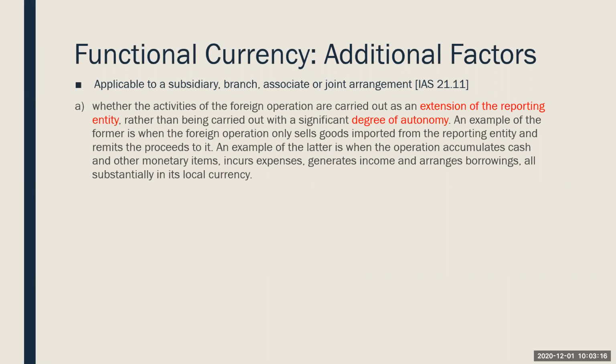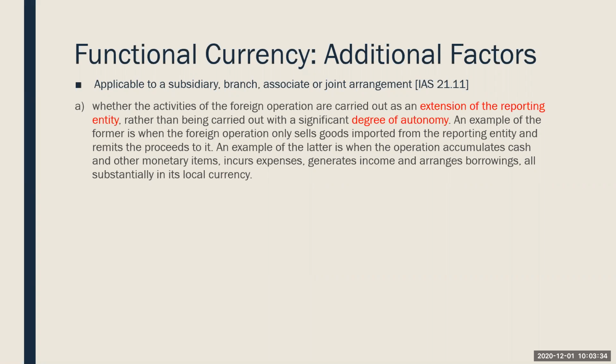In addition to looking at the primary and the secondary factors, if we were to evaluate whether a foreign subsidiary or a foreign operation, could be a branch, an associate or a joint arrangement as well, how much autonomy does it have?